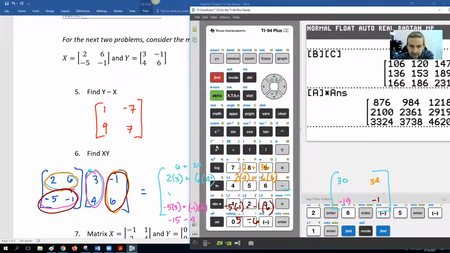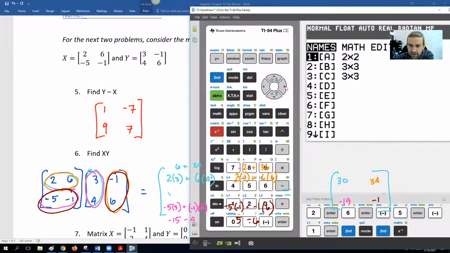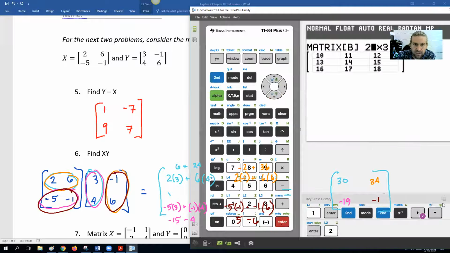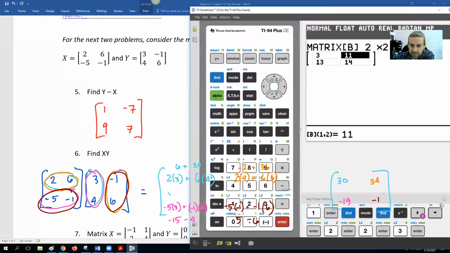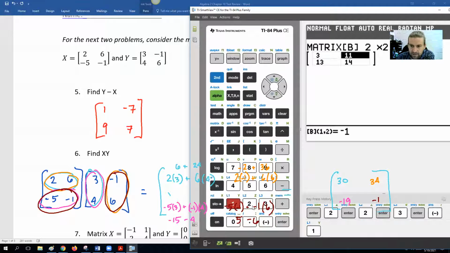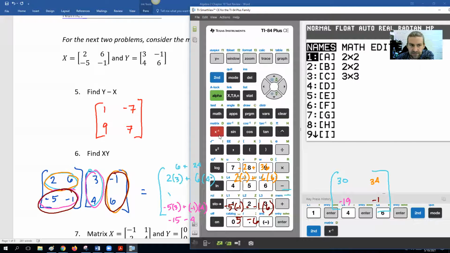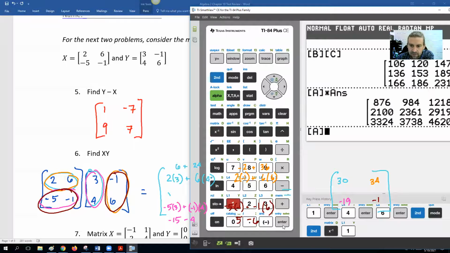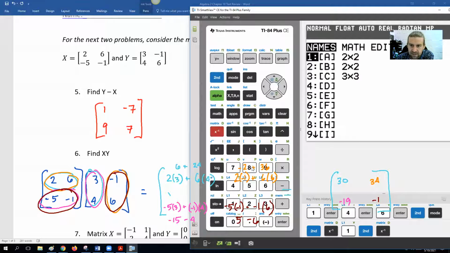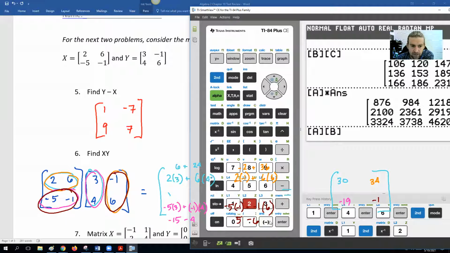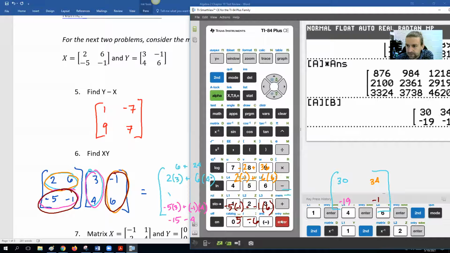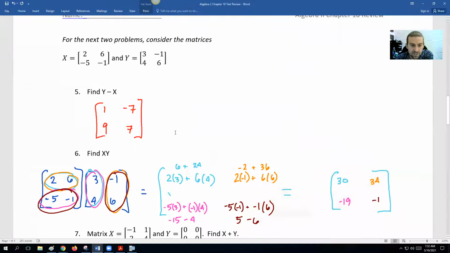Then we'll also edit matrix B. It's a 2 by 2, it's 3, negative 1, 4, 6. We can just do matrix A for matrix X and then times matrix B for matrix Y. There we go. Did we get the right answer? We sure did. So use that to check your work.